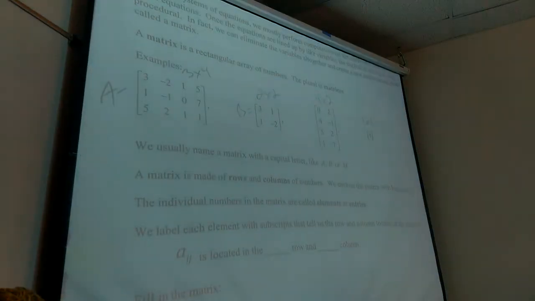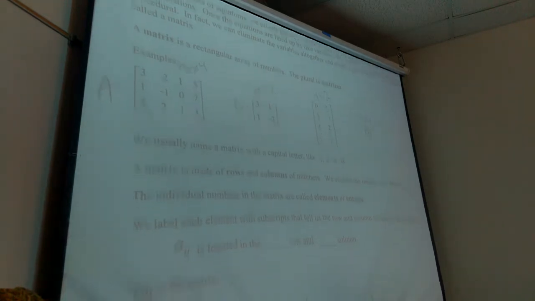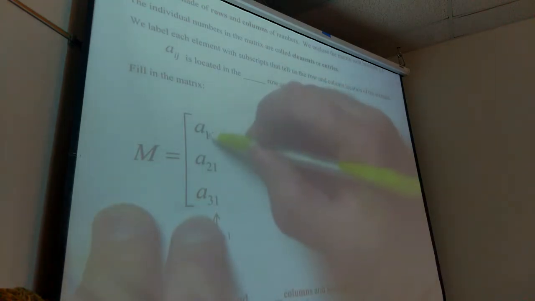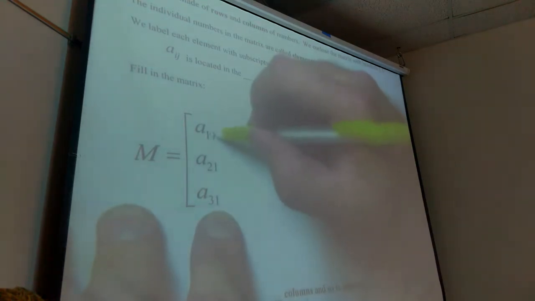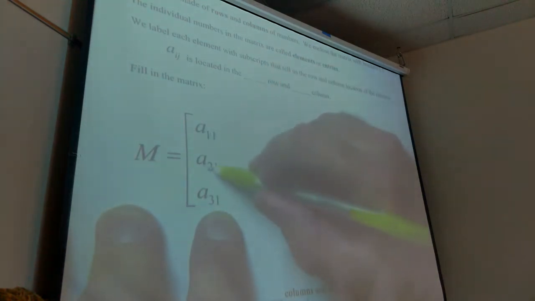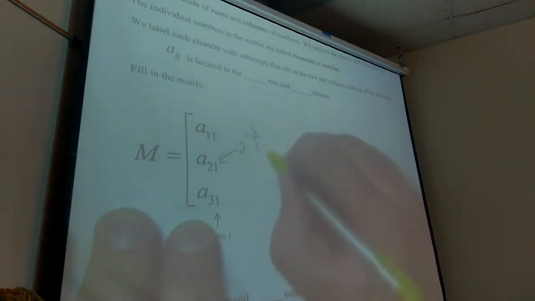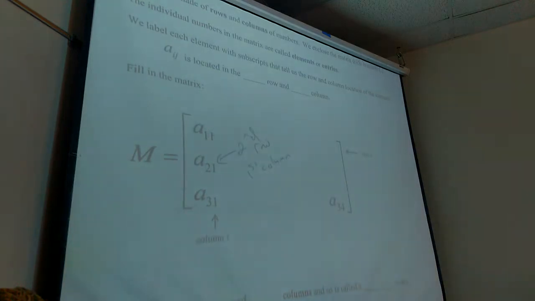Okay, so let's talk a little bit more about matrices and how they work. We reference elements of a matrix using this type of notation here. So this would be the first row, first column. Second row, first column. So this is the third row, first column. Do you guys see that?